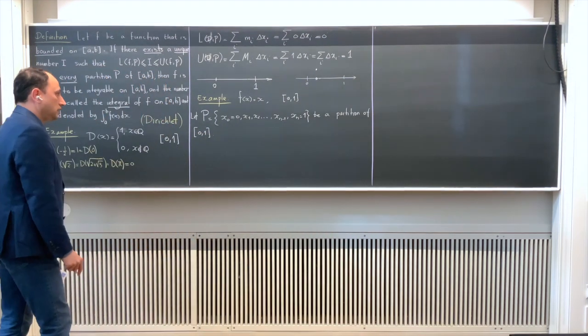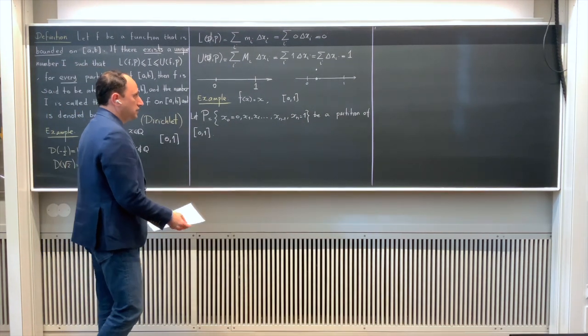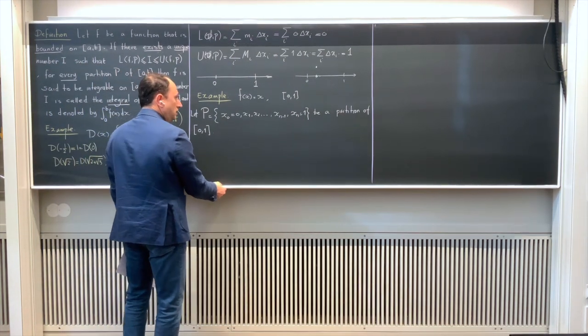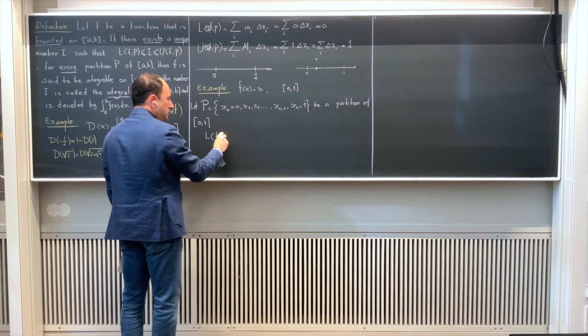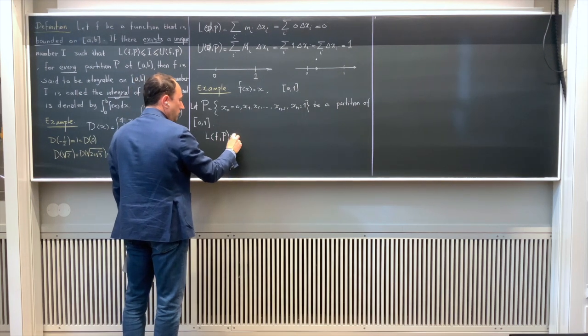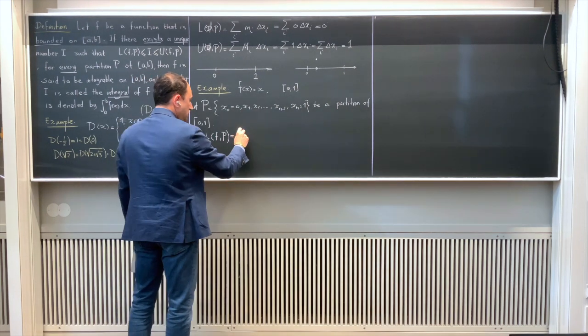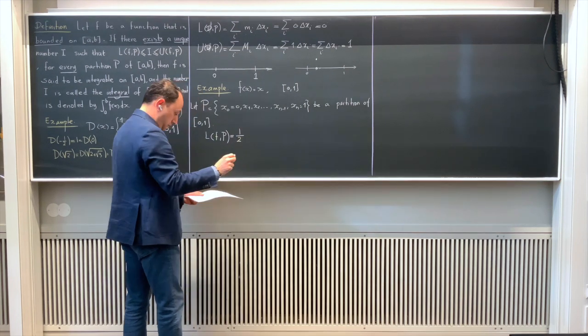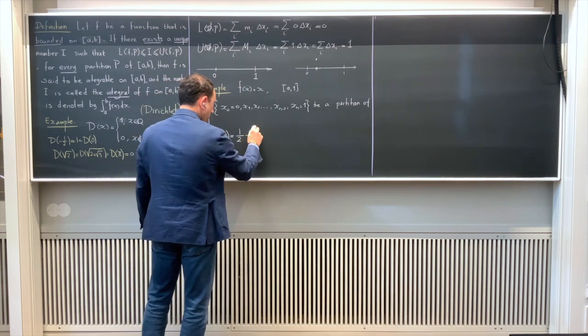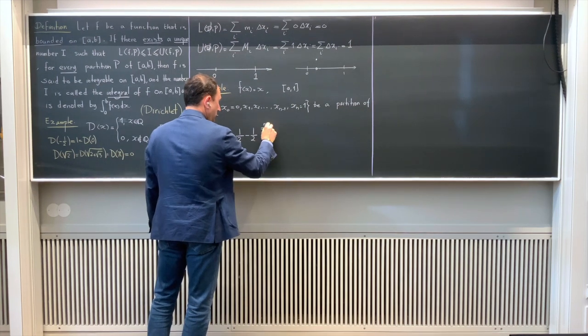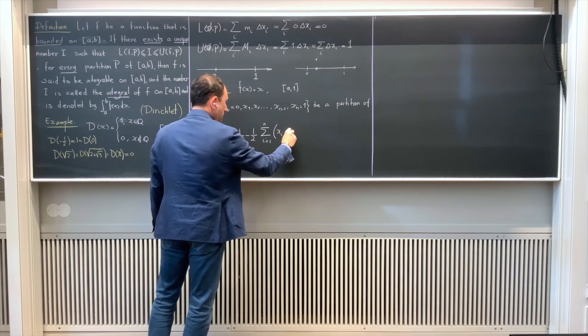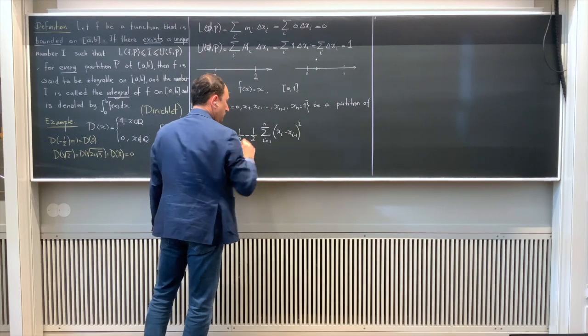Okay? I don't want to repeat the calculations, but last time we calculated the lower sum of this function for that particular arbitrary partition, and I got this result: 1 over 2 minus 1 over 2 times the sum, i goes from 1 to n, of (xi minus xi minus 1) squared.